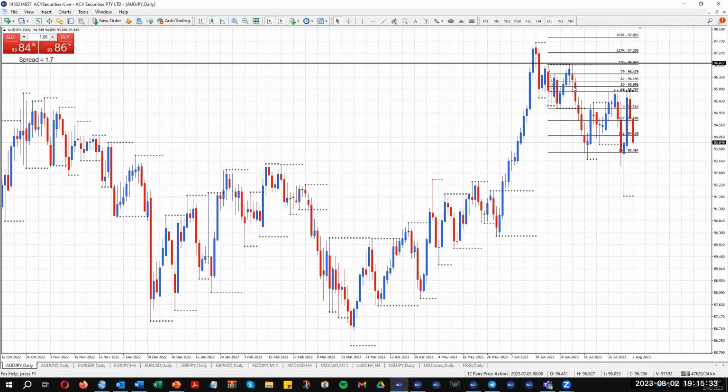But even taking an entry there off the day chart, that would be a nice profitable trade in terms of results, even if you're entering using an 85 pip stop, because it moves down to the target. There's approximately 260 pips. All right, so that's a risk reward of at least 1 to 3.